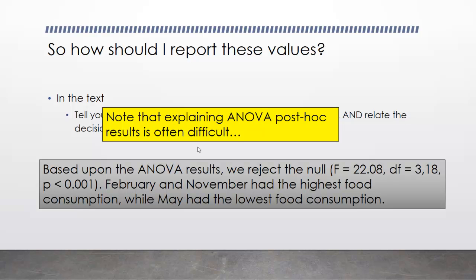There are many reasons, and I'll show you if you have to do an ANOVA. Don't sweat it. But you still have to report the post hoc results if you have a significant ANOVA. If you fail to reject the null, then you're done. You don't have to do post hocs.